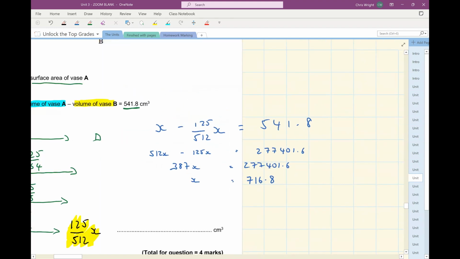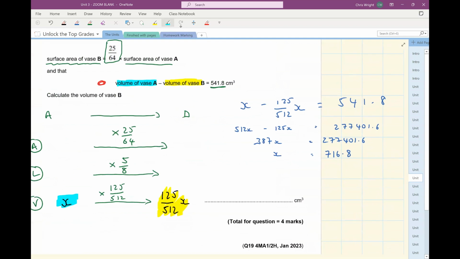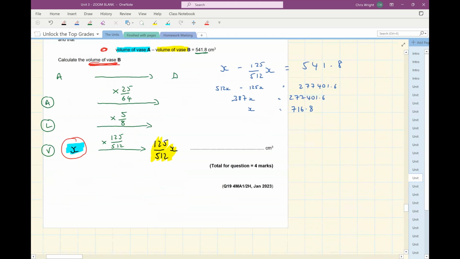Now let's go back to the question. What is it asking me to work out? Aha, it's asking me to calculate the volume of vase B. Is that x? No, x is the volume of vase A. So the volume of vase B is 125 over 512 times x, so that's 125 over 512 times 716.8.